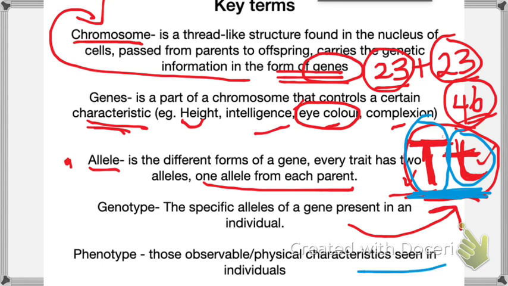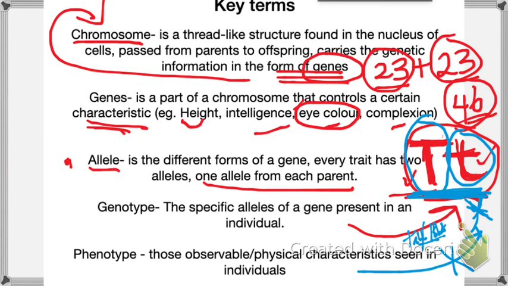The phenotype, on the other hand, is not these capital T and small t's, but it's actually what we observe in an individual. So the phenotype are those characteristics that we can see. So what can we see in an individual? We can see that the person is tall, or we can see the person is short.